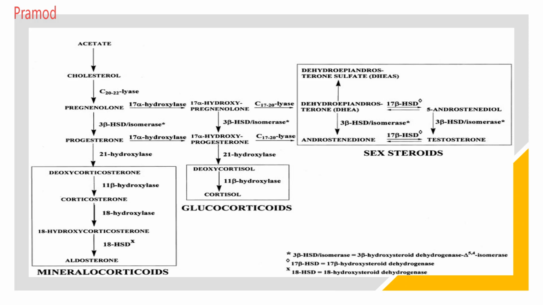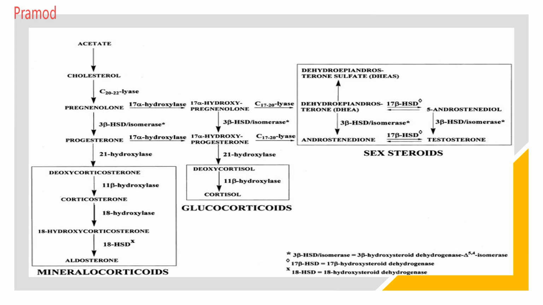If you go to the right, this will form with a hydroxylase. 21 hydroxylase means introduction of a hydroxyl group at the 21st position. That leads to the formation of deoxycorticosterone, which means it does not contain an OH at the 11th position.